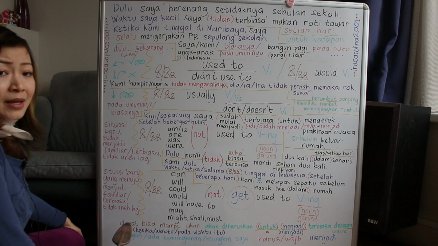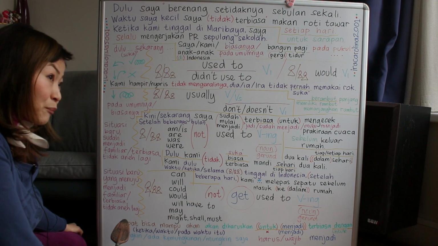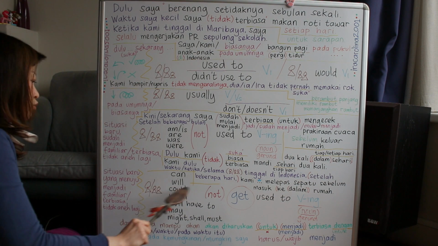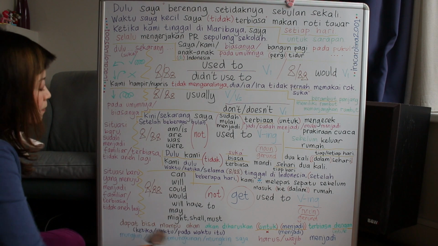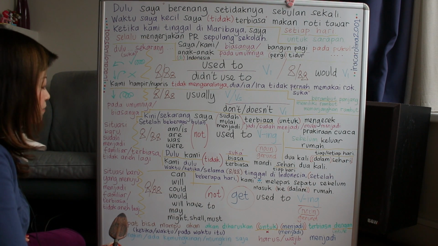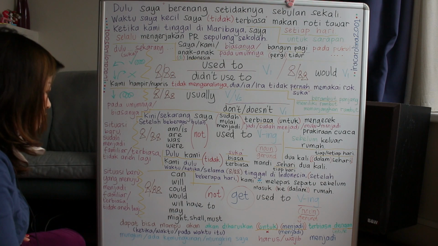So we know that it happened in the past. To make it could or would, we have to add this, you choose any of the time signal words to say it's in the past.